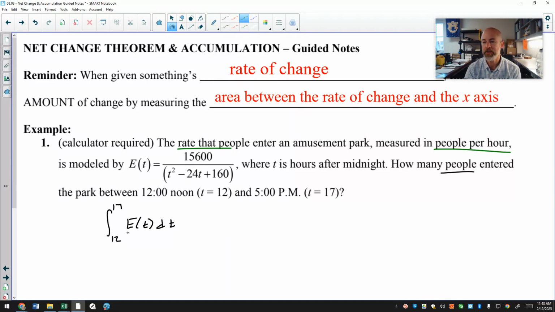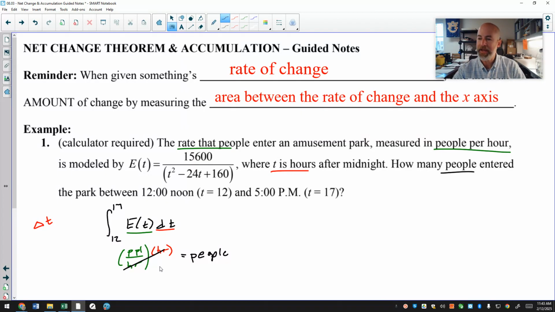E of t is in people per hour. dt is a reference to a change in time, and time in this problem is measured in hours. So what I have in this antiderivative is literally people per hour times hours. When you multiply those two, the hours divide out, and you're left with only people, which is what I want. And so the antiderivative of the rate does give you the total amount.